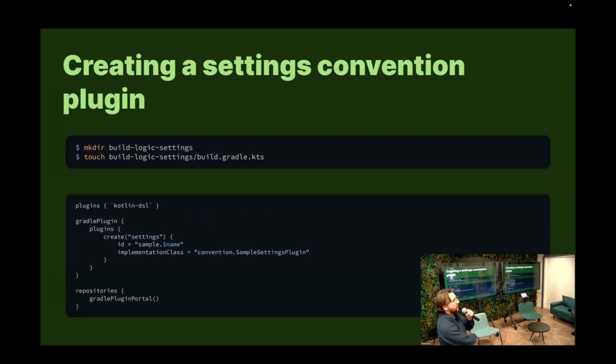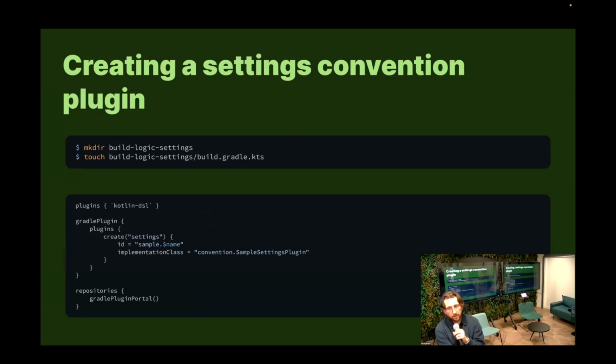I would usually advise you to actually create it into its own project, because as we apply this in our settings script very early on, you don't want the whole build logic project we just created before, with all these dependencies and all the convention plugins we created, to be initialized.